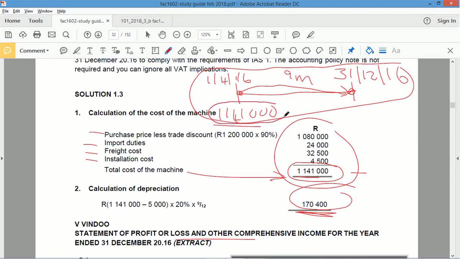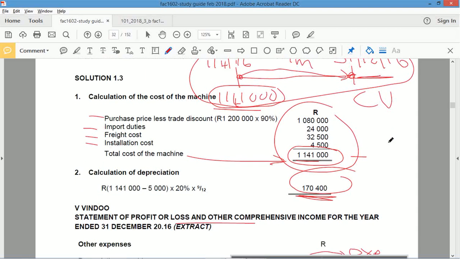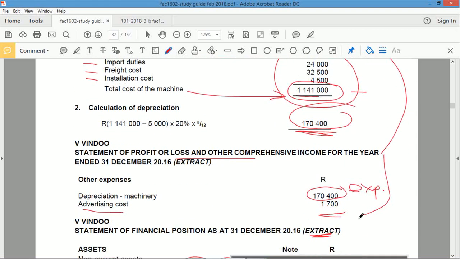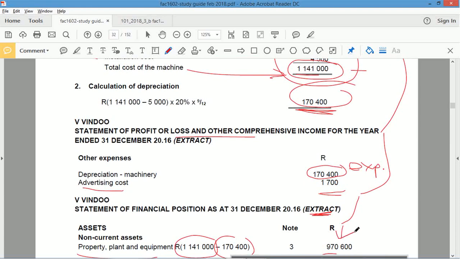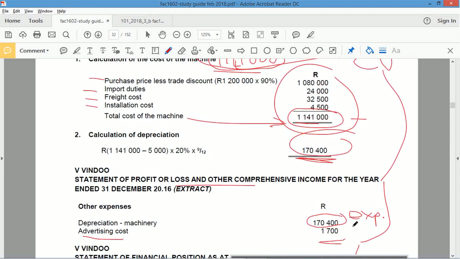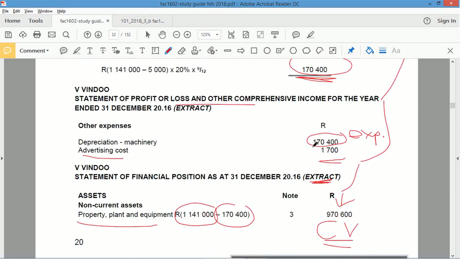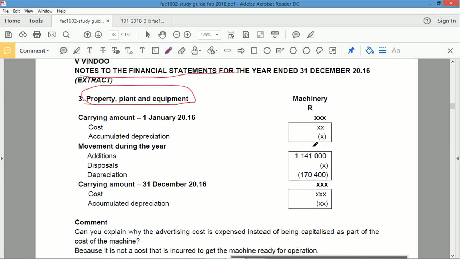So this was the cost. That's what I started with. This, in terms of carrying value, is what I end with. So that's the start minus depreciation for 9 months gives you the carrying value at the end. Just to show that, the carrying value at the 1st of January, obviously this was 0. Why?